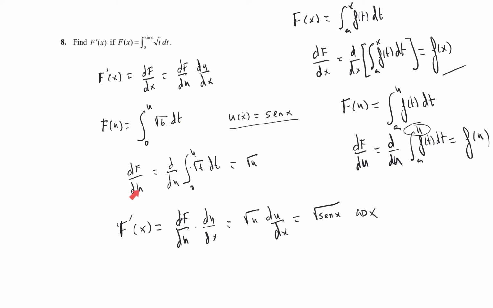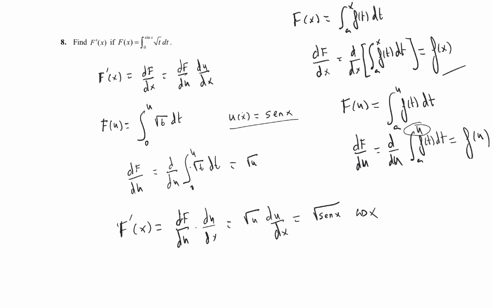And the derivative with respect to u of the integral from 0 to u of the square root of t dt will be the square root of u. So f prime of x is the derivative of f with respect to u by the derivative of u with respect to x. The derivative of f with respect to u is the square root of u.